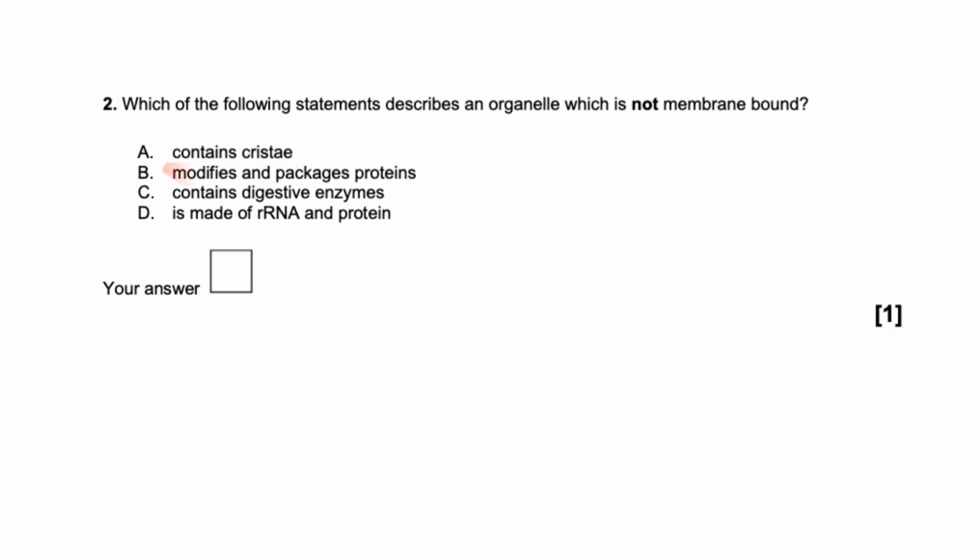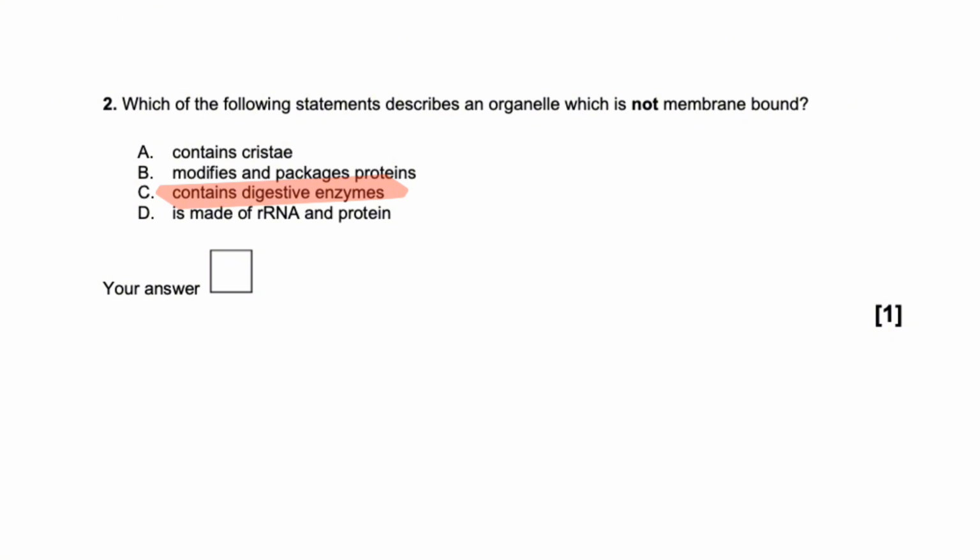B says modifies and packages proteins. We know that the organelle that modifies and packages proteins is the Golgi apparatus, and the Golgi apparatus is membrane bound, so we know this can't be the answer. C says contains digestive enzymes. Well, if we think about an organelle that contains digestive enzymes, we can think about a specific type of vesicle called a lysosome, which does contain digestive enzymes.